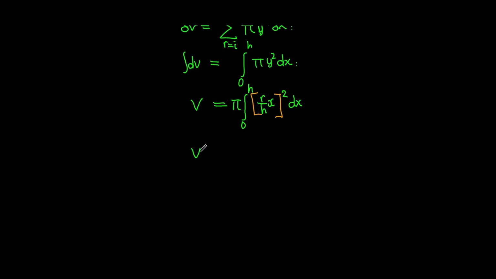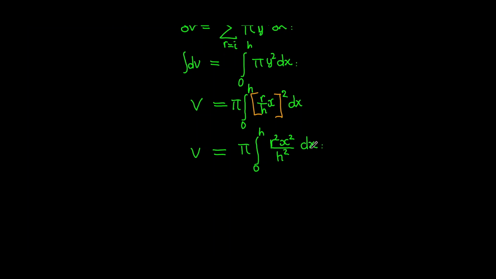Therefore, we have to square all these terms, rewriting pi and the integral from 0 up to h. Squaring r, we get r squared, squaring x, we also get x squared, and squaring h, we have h squared, with respect to x.